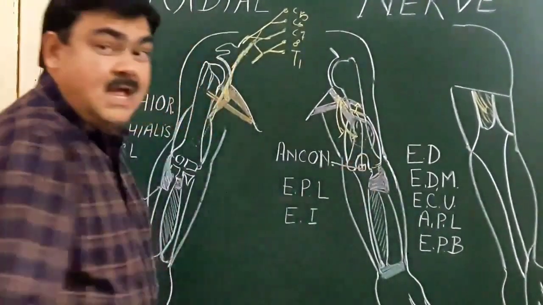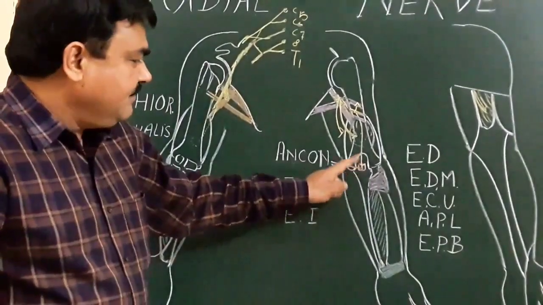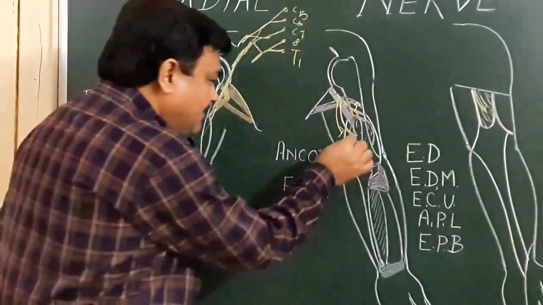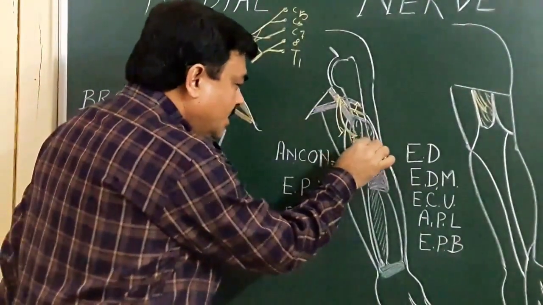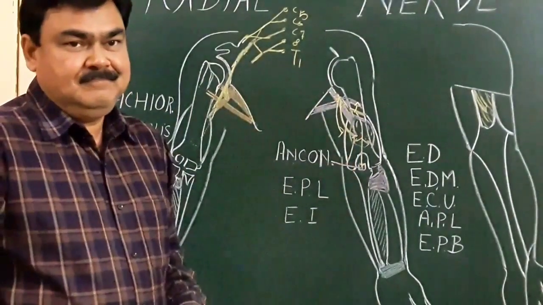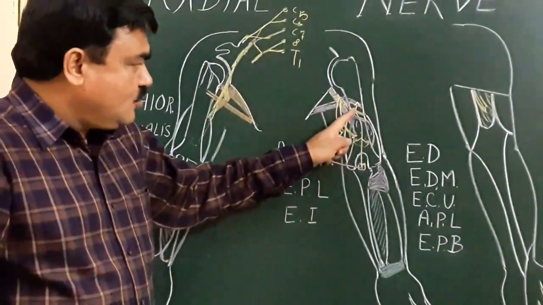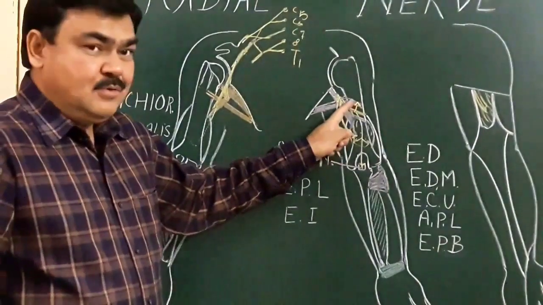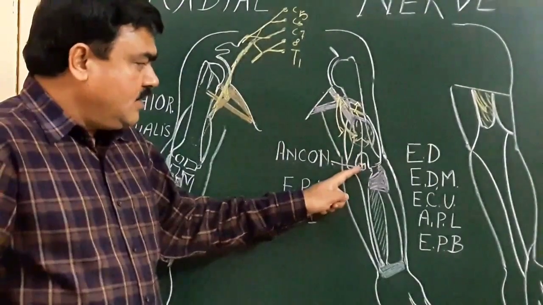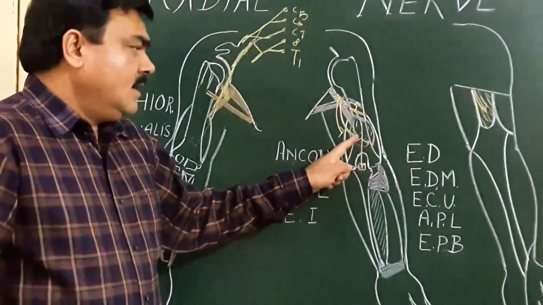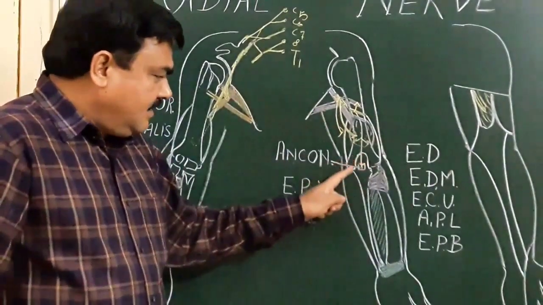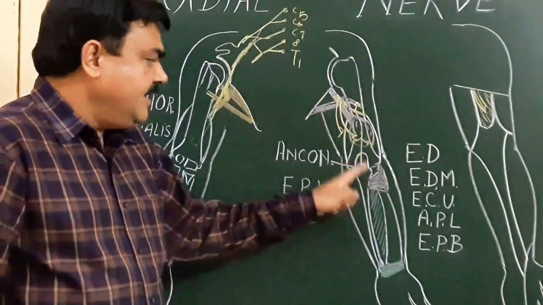This is the anconeus muscle. The nerve to anconeus gives a branch to the medial head. And here it also gives a branch to the joint.